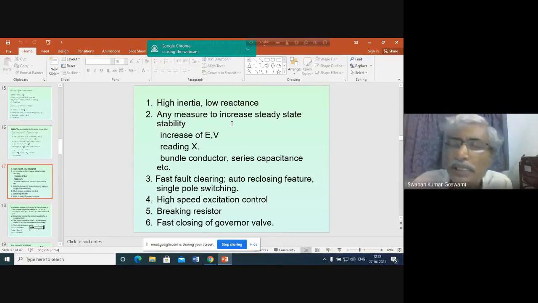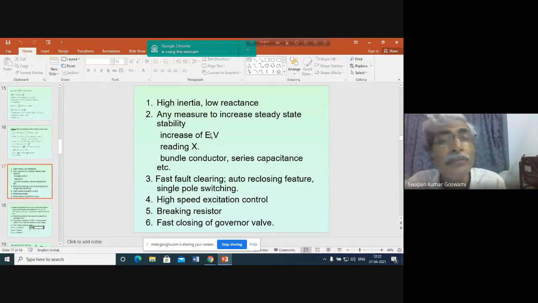Whatever the system voltage is, that voltage should be properly maintained. Increasing E and V means basically maintaining better voltage, so the voltage regulation of the system has to be better, controlling the system such that voltage is always very close to the declared voltage.